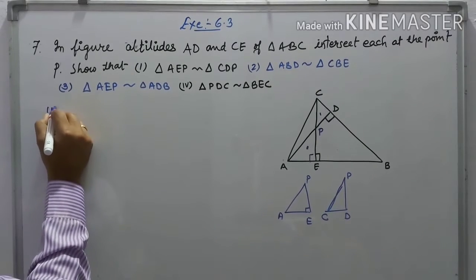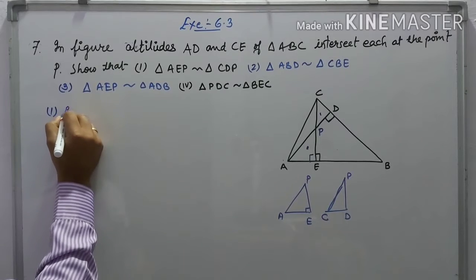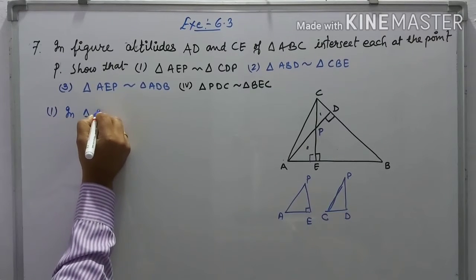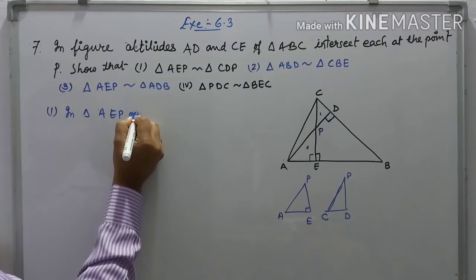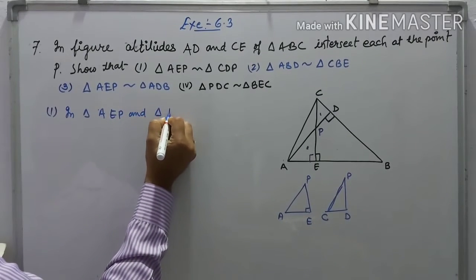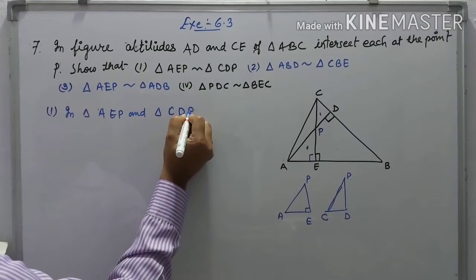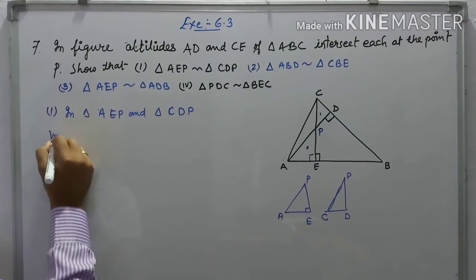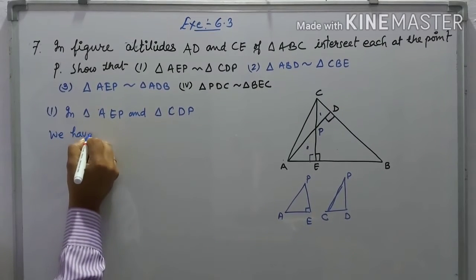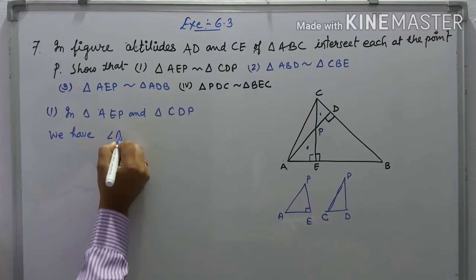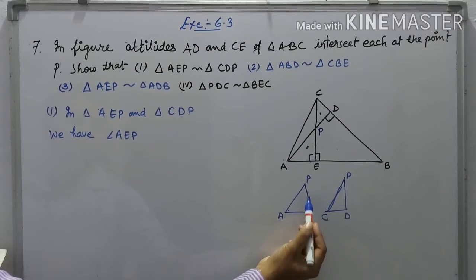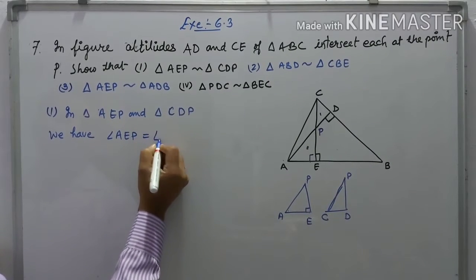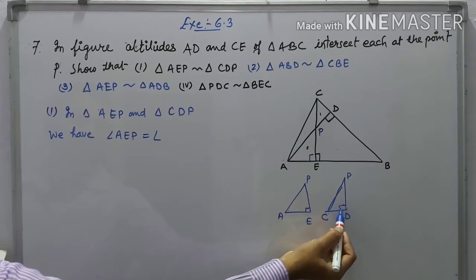the proof. In triangle AEP and triangle CDP, we have angle AEP equal to angle CDP.